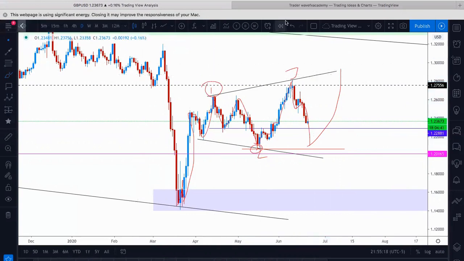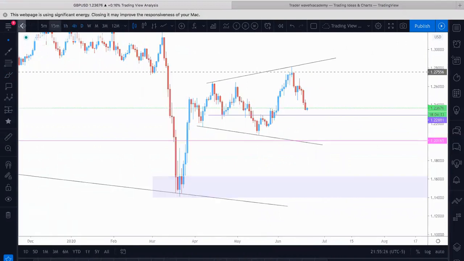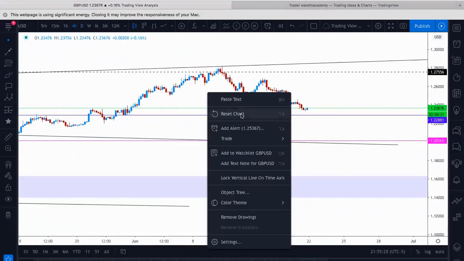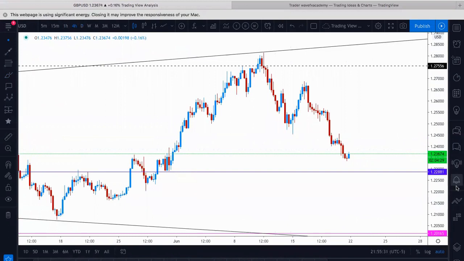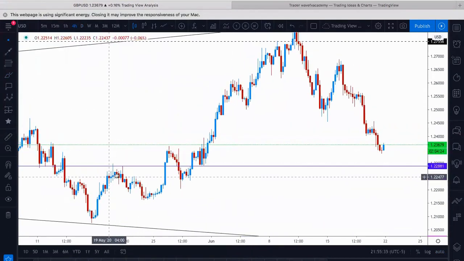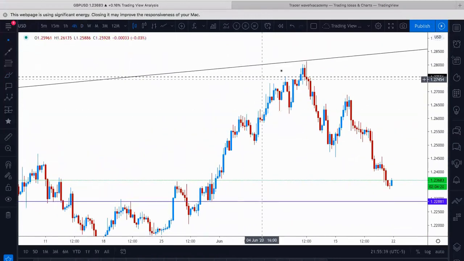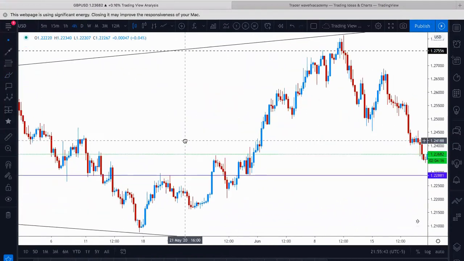So that's what we would be looking at overall out of pound USD. So if we take a further look at this structure to the down on the 4-hour time frame, we are seeing we're out of the move that the market created to give us this corrective or this impulsive move to the upside.